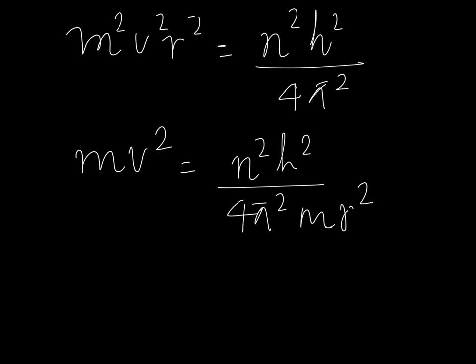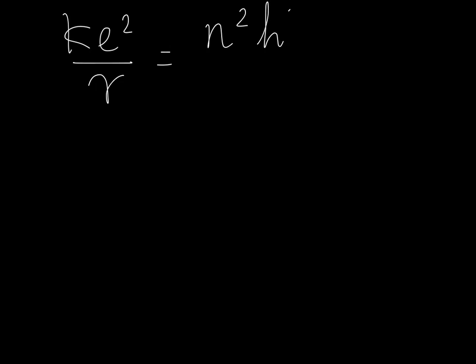But earlier we found that mv squared is equal to ke squared over r. What we're going to do now is substitute that. So we will have ke squared over r equal to n squared h squared over 4 pi squared m r squared.